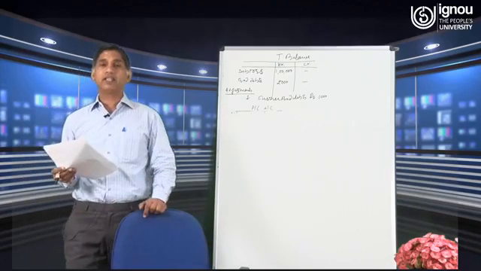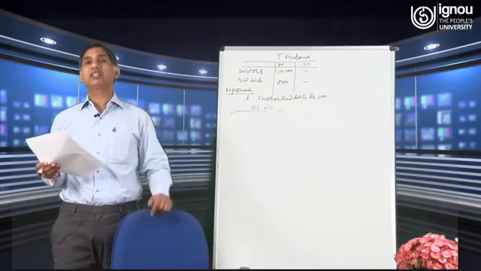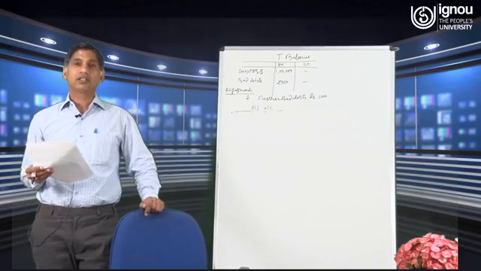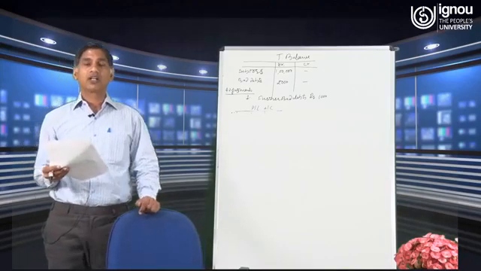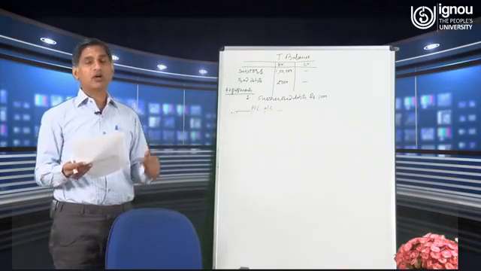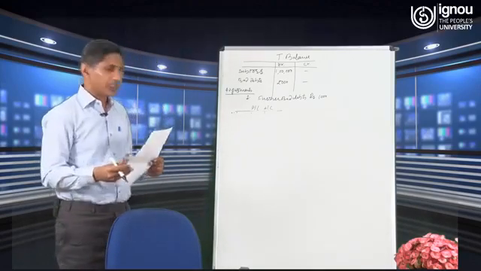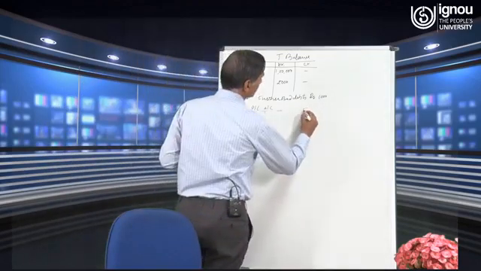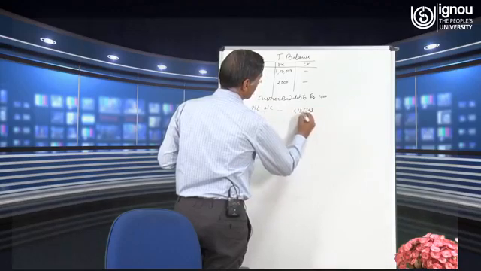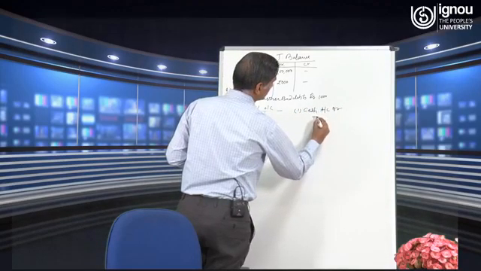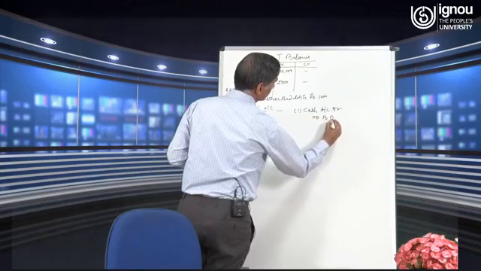It means any amount which was previously charged as bad debts and was debited to the debit side of profit and loss account, now later on it is recovered. So when the amount of bad debts is recovered, generally we make the entry: cash account debit to bad debts recovered. The first entry is cash account debit to bad debts recovered.